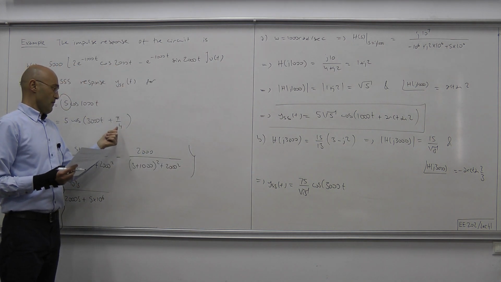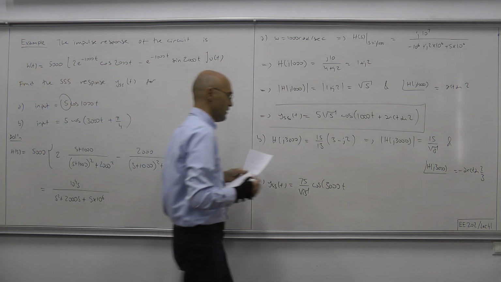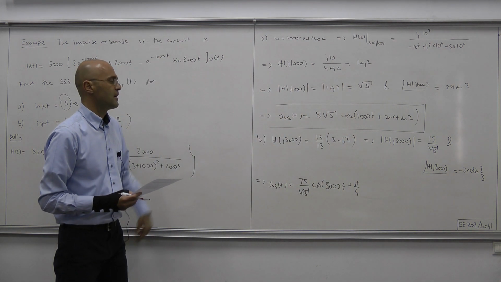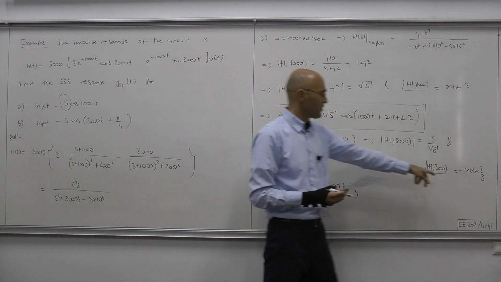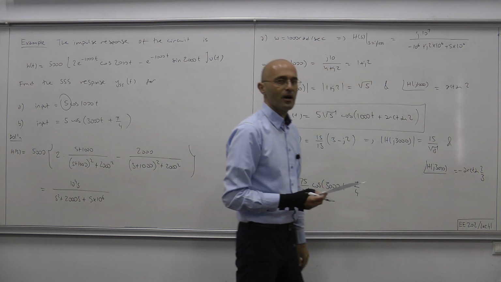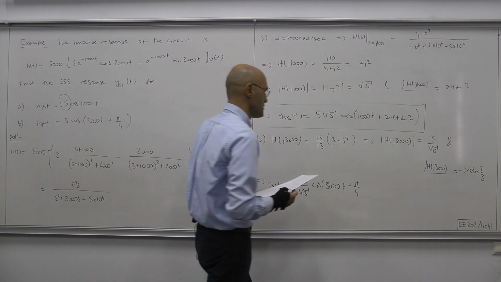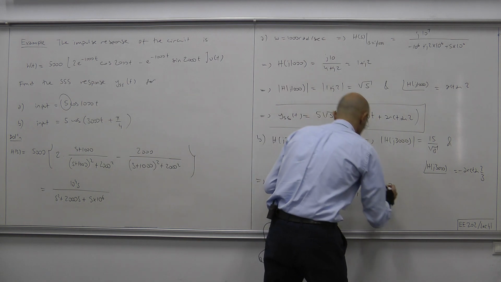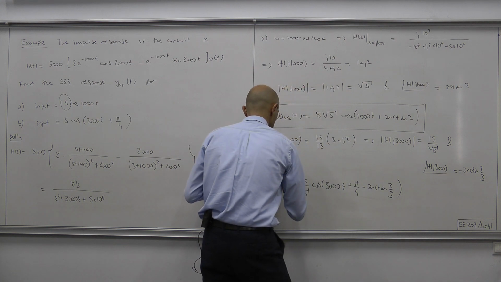For the phase, you take the phase of the input, which is 45 degrees, or pi over 4 radians, and add the phase you obtained from the transfer function, minus arctangent 2/3. And that's your steady state output.